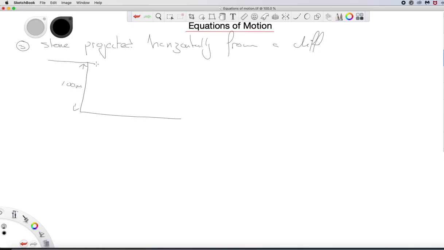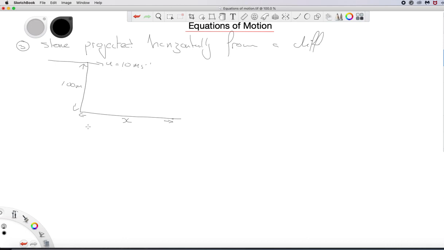Let's say we project horizontally at 10 meters per second. And we're going to want to know how far from the base of the cliff the stone lands as part of our question.